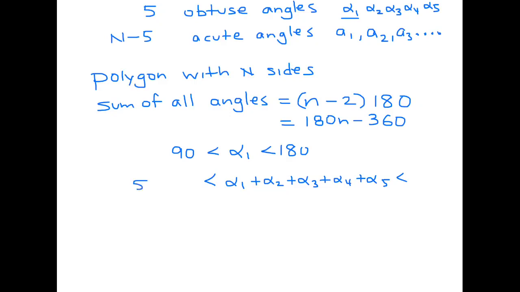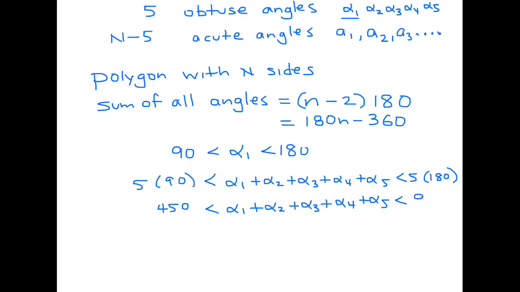So they've got to be greater than 5 times 90, and they have to be less than 5 times 180. So that means that alpha 1 plus alpha 2 plus alpha 3 plus alpha 4 plus alpha 5 has got to be greater than 450, but it's got to be less than 900. Those are the extreme ranges of the sum of these angles.